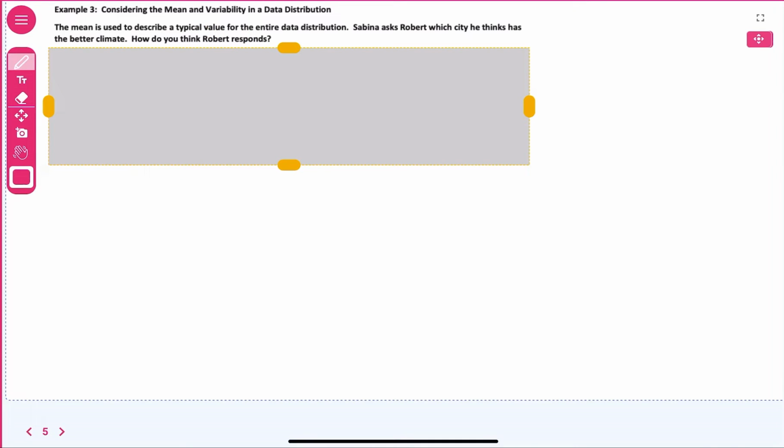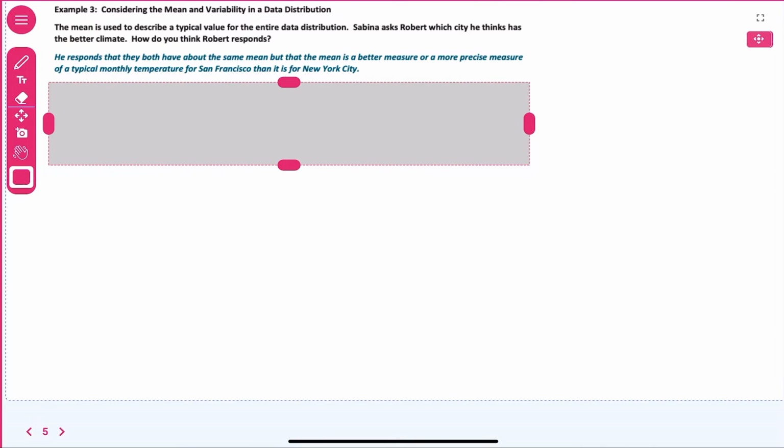Sabina asked Robert which city he thinks has the better climate. What do you think would be Robert's response? Well, he responds that they both have about the same mean, but the mean is a more precise measure of the typical monthly temperature for San Francisco than for New York.